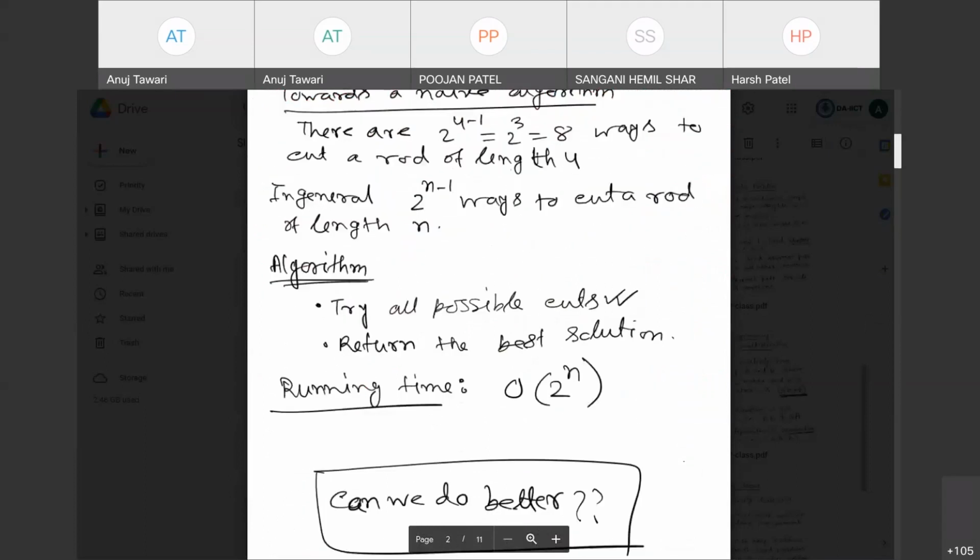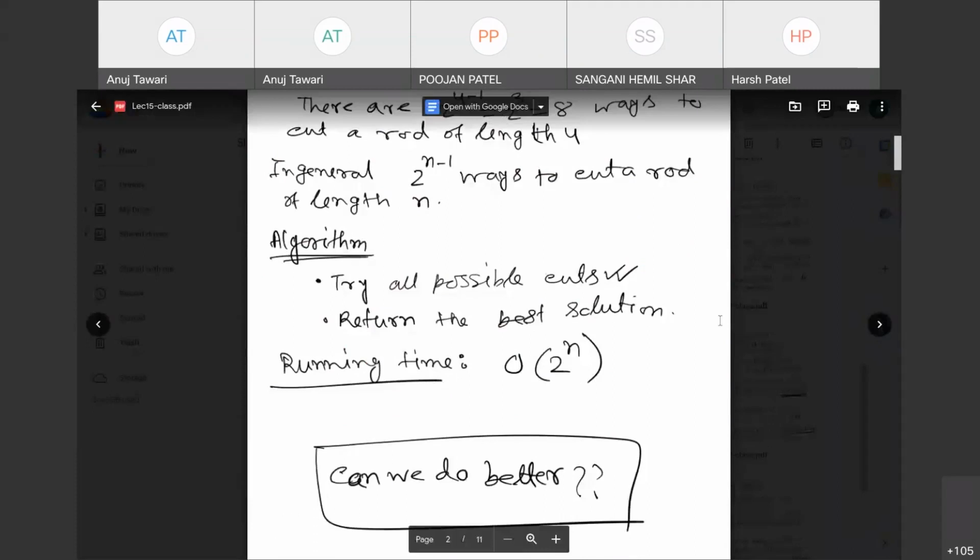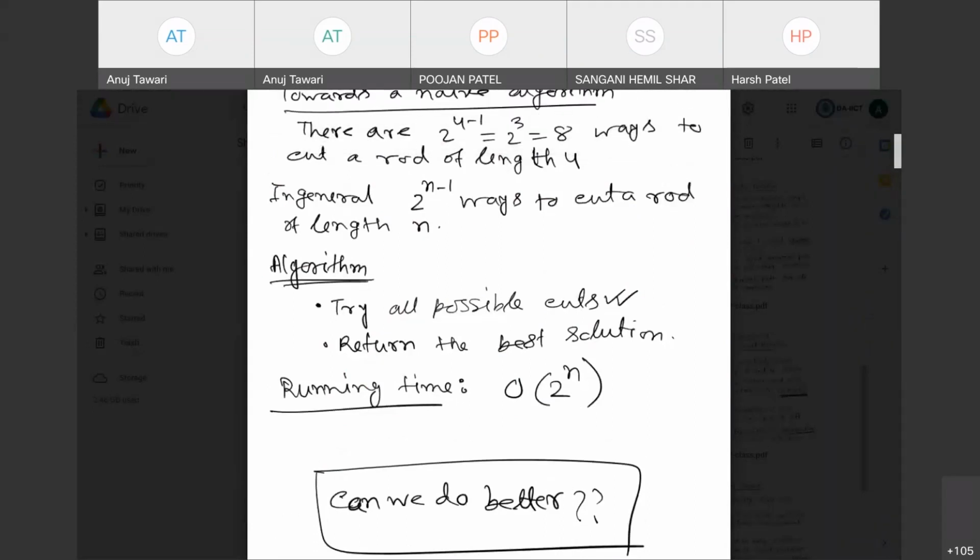Can we do better than this solution? Any ideas how we can get polynomial time here?